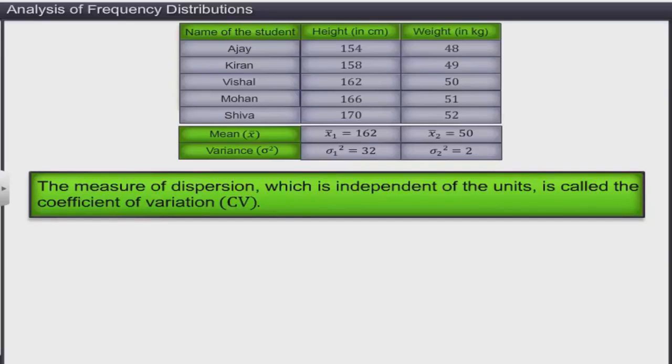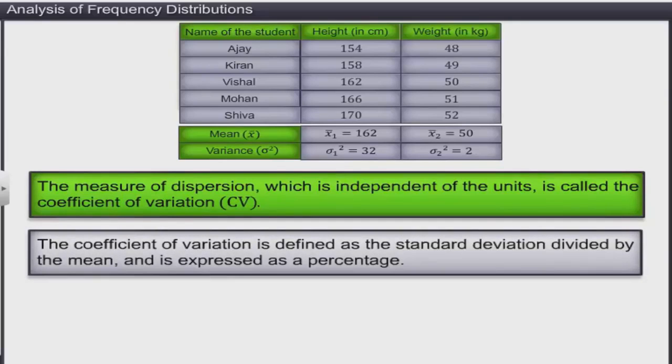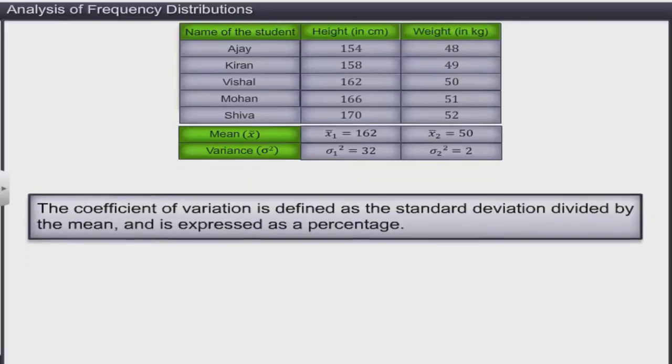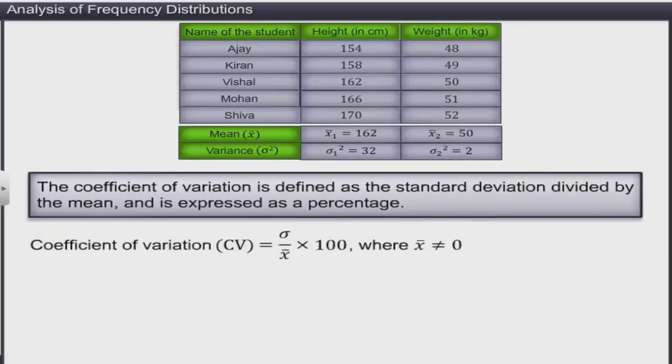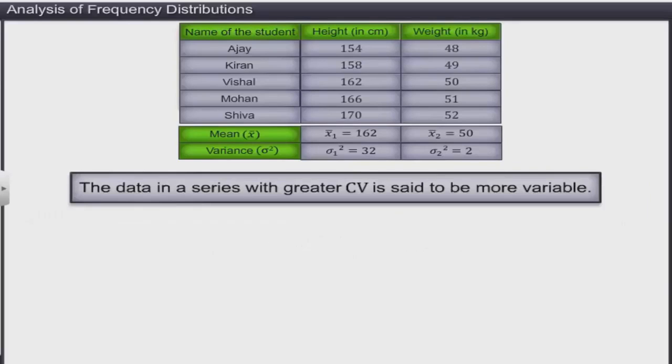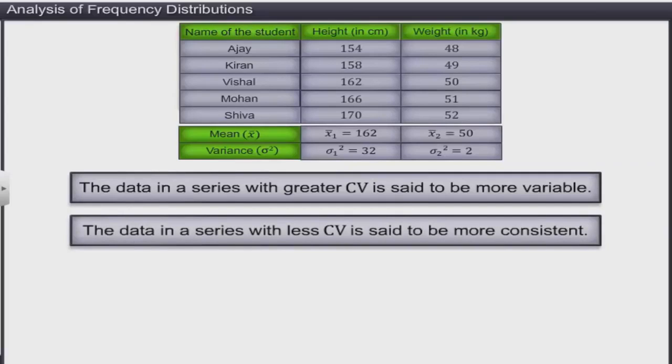It is defined as the standard deviation divided by the mean, and is expressed as a percentage. Here, sigma is the standard deviation, and x bar is the mean. The data in a series with greater CV is said to be more variable, while the data in a series with less CV is said to be more consistent.